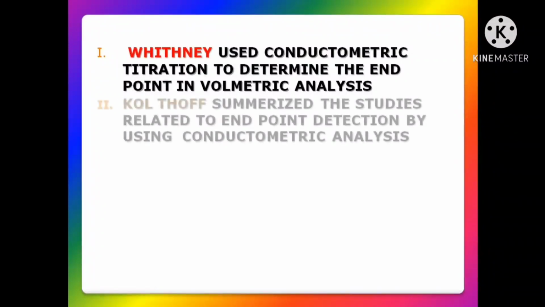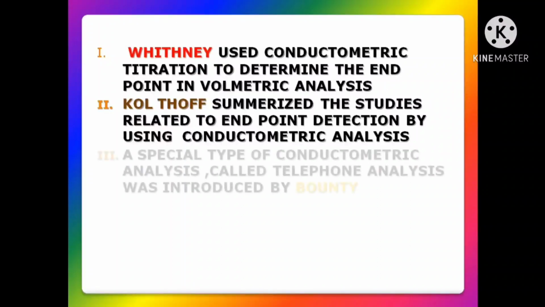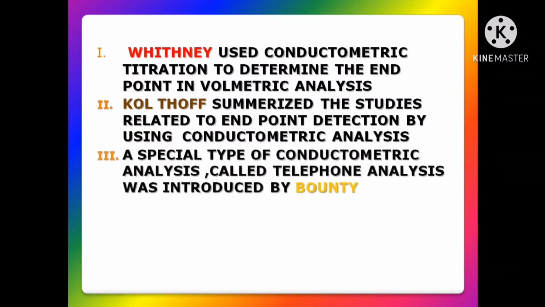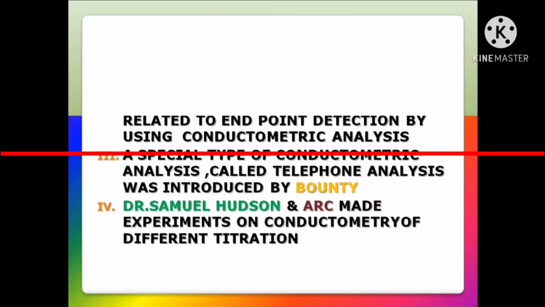Kohlhoff summarized the studies related to endpoint detection by using conductometric analysis. A special type of conductometric analysis called telephone analysis was introduced by Bounty. Dr. Samuel Hansen and Ark made experiments on conductometry of different titrations.